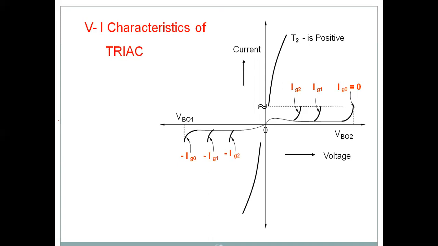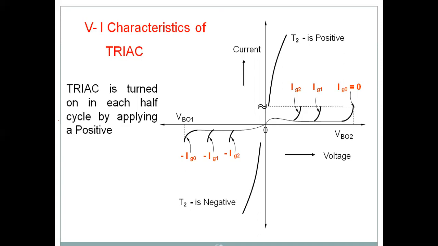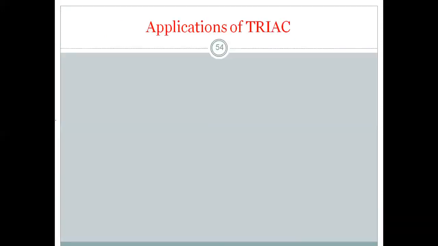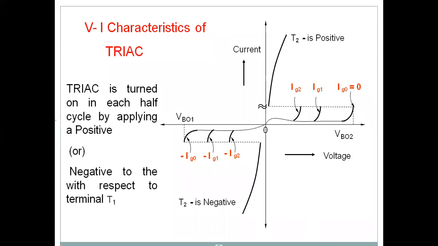These are the VI characteristics of triac. Triac is turned on in each cycle by applying a positive or negative voltage to the gate with respect to T1 terminal. As the triac can conduct in both directions, the terms anode and cathode are not applicable to triac.